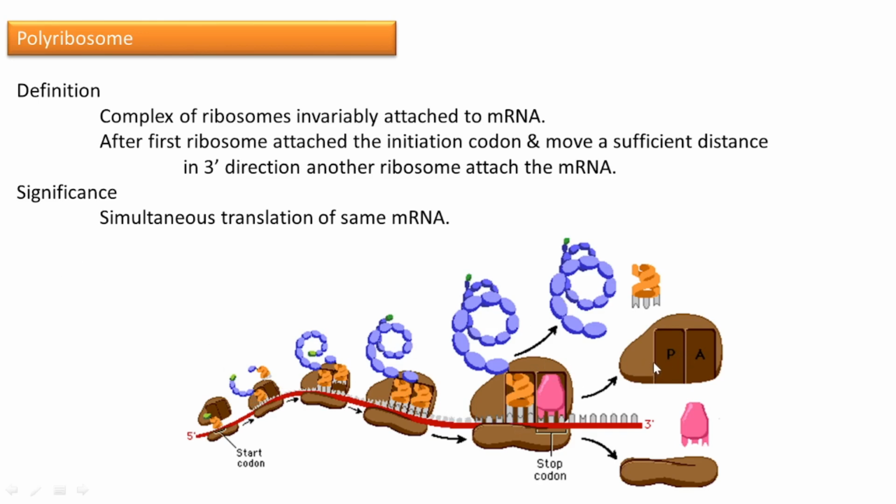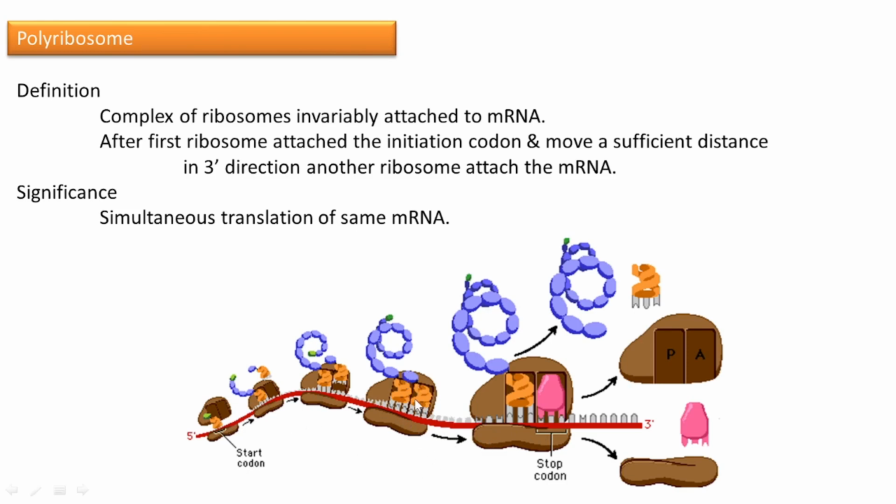It binds with the mRNA and starts to translate this mRNA in the 5' to 3' direction. As it moves a certain number of codons forward towards the 3' direction, the second ribosome comes and binds. And as this one moves a certain distance forward, the next one comes and binds, in an array that goes on.